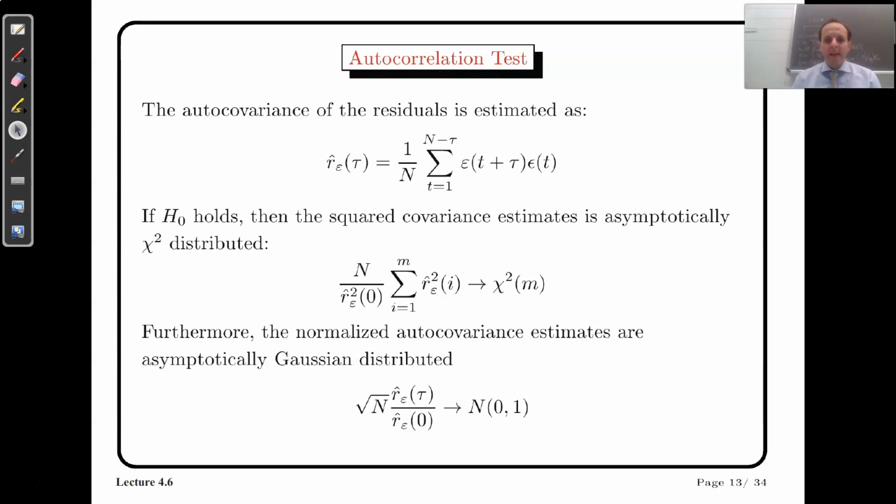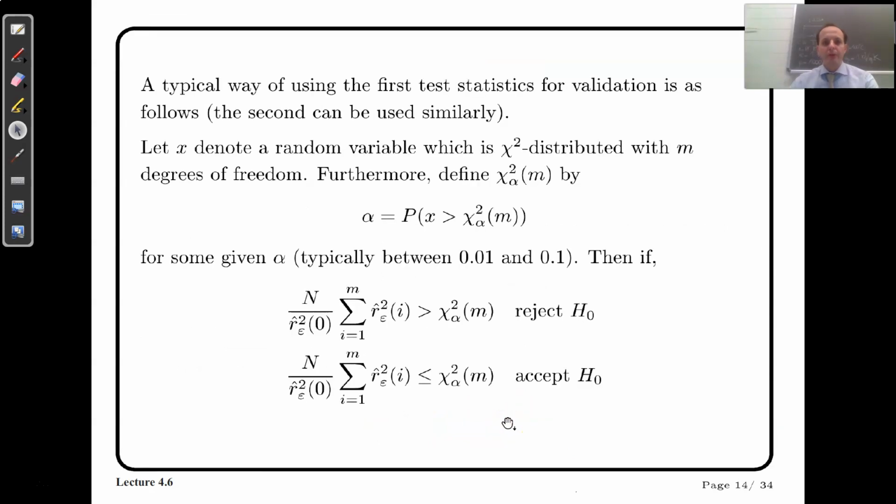Furthermore, the normalized autocovariance obtained by the estimates is asymptotically Gaussian, so when n tends to infinity, the normalized autocovariance function multiplied by the square root of the number of data tends to a normal distribution.